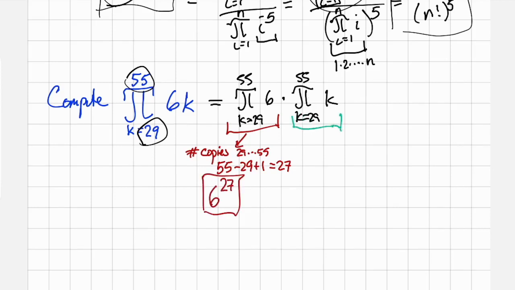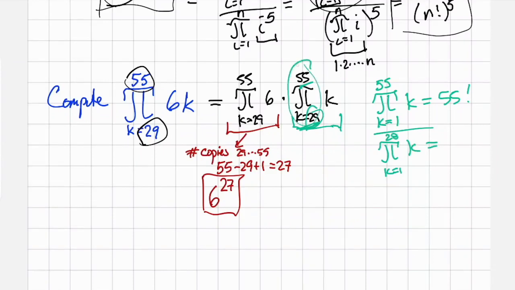Now let's do the other product. This other product looks a lot like the formula we used above, where if we had the index starting at 1 and going up to 55 of k, this product would be 55 factorial. And so we need to use the index manipulation for products and see that this product, where k goes from 29 up to 55, is the same as the product where k goes from 1 up to 55 divided by the product where k goes from 1 up to 28 of k. We only go up to 28 because we want the 29 index to still be in this product.